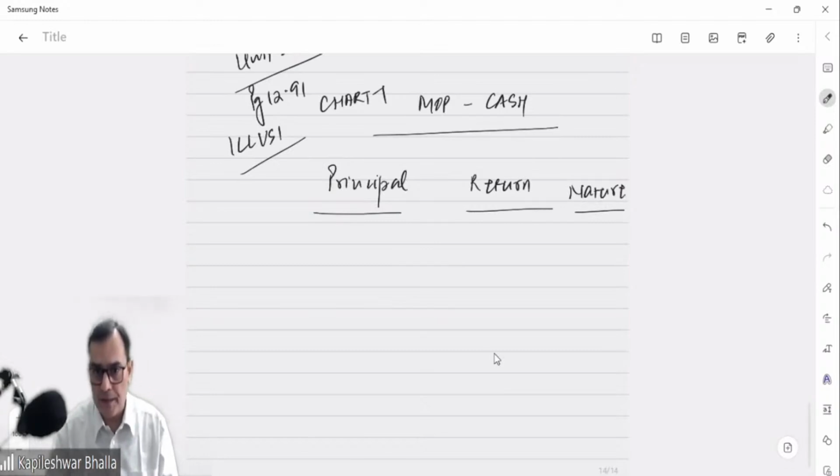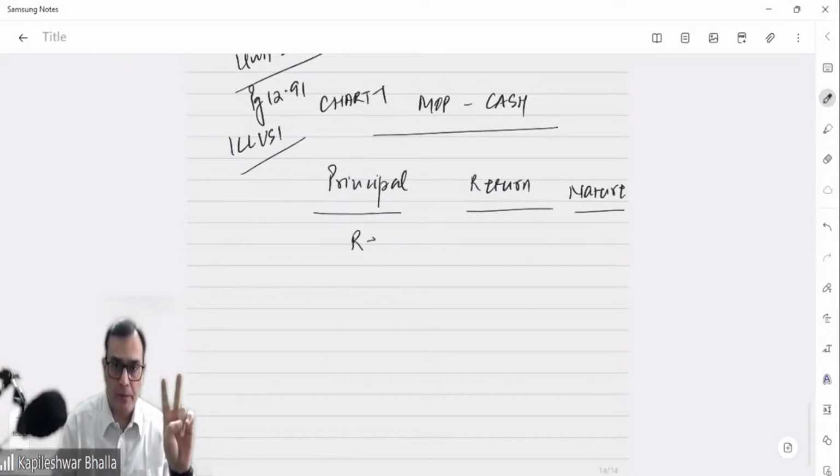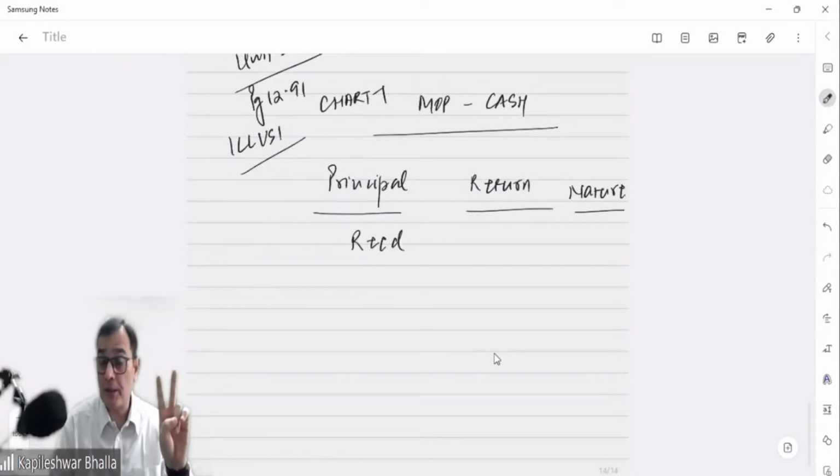Let's make the analysis. Given it's redeemable in nature and it has cumulative dividends, redeemable is the principal, and cumulative makes it mandatory in nature.